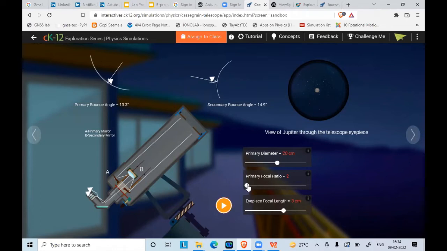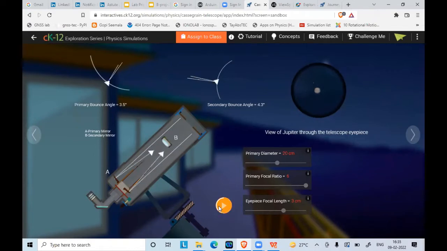Then let us look at the primary focal ratio. If I'm changing the primary focal ratio, what should we expect? As you can see here, by increasing the primary focal ratio, do you observe any change in the telescope? What do you observe?